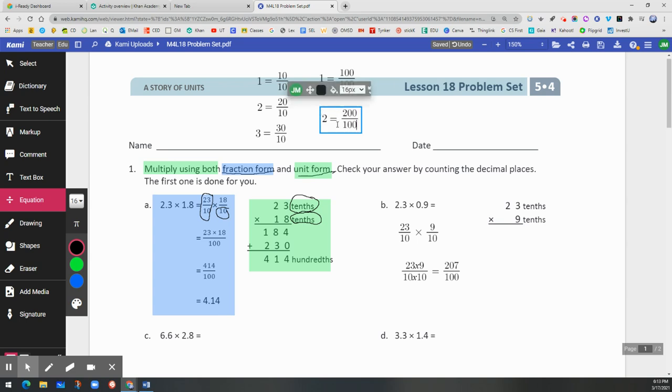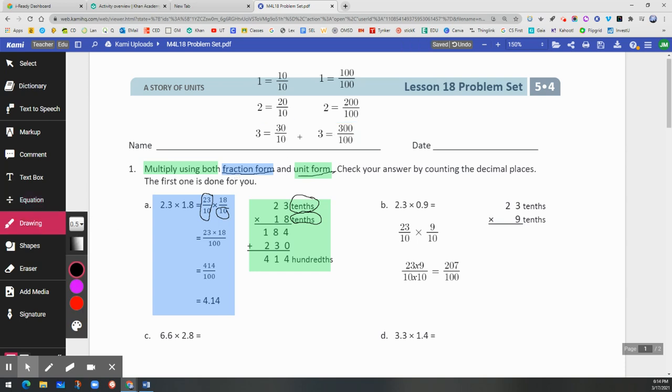Okay? And you see, if you continue the progression going up, then 3 has to equal 300 hundredths. So remember this progression. So 4 is going to be 400 hundredths. 4 is also going to be 40 tenths. So either way, these are the same, except that we're talking about tenths over here, and these are hundredths.